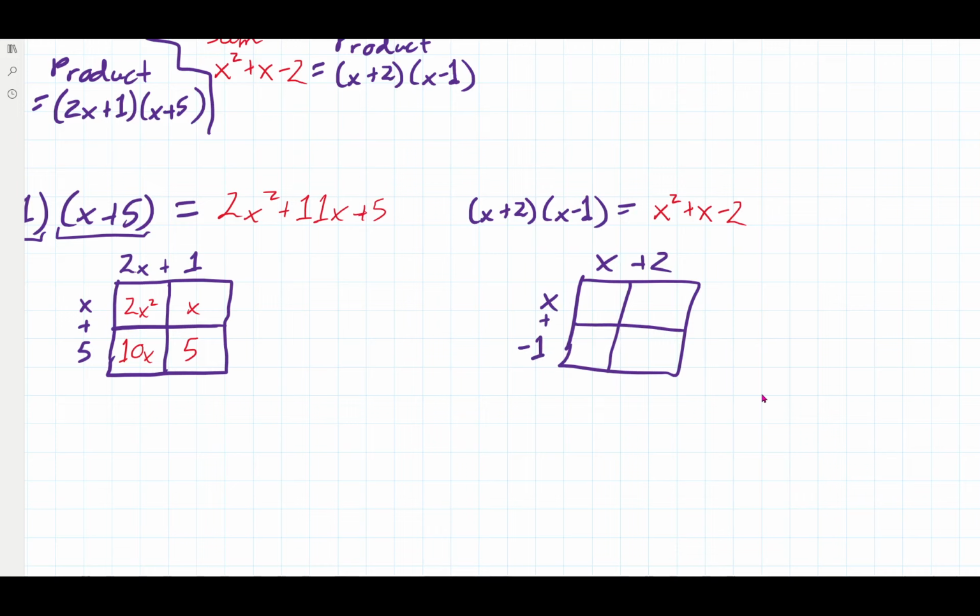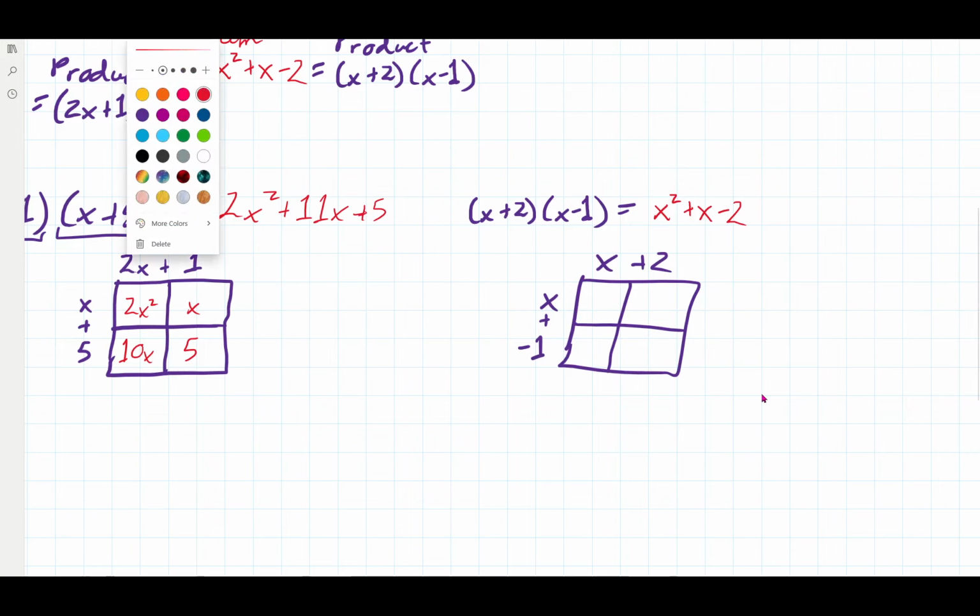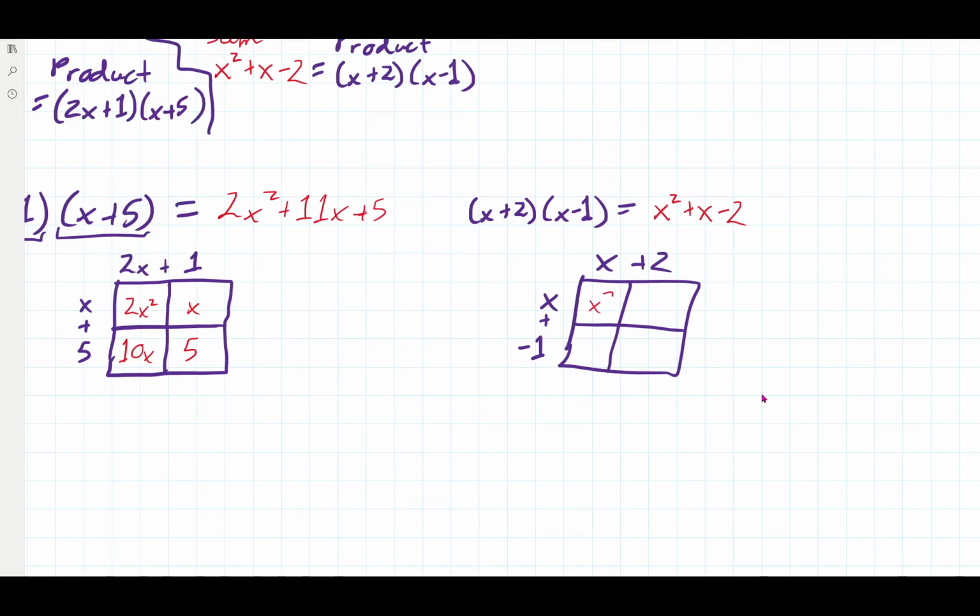I like to write it that way so that it makes a little bit more sense. It's awkward to say x minus 1 and then you have an extra row there. But you can just write it as x plus negative 1. x times x, that's going to be x squared. 2 times x, 2x. x times negative 1 will be negative 1x, or just negative x. And then negative 2 there. And that's how we get to there.